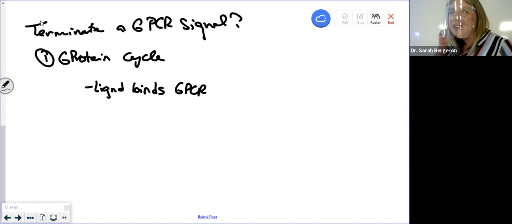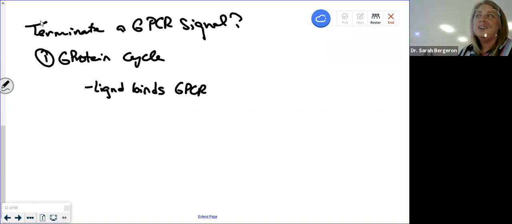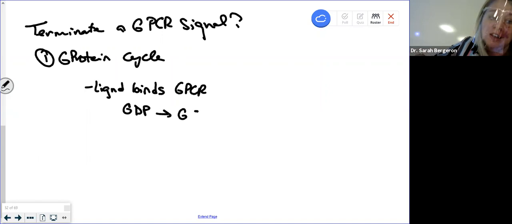It turns it on. It exchanges what for what? It exchanges GDP for GTP, and this is usually on G alpha.